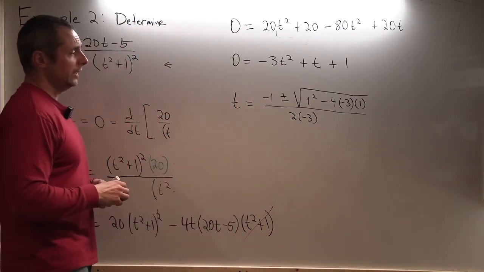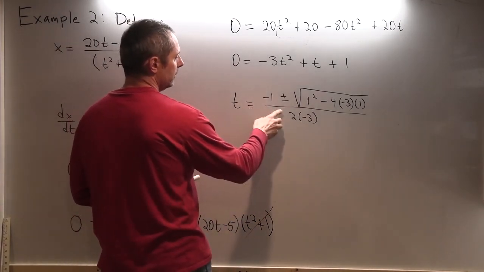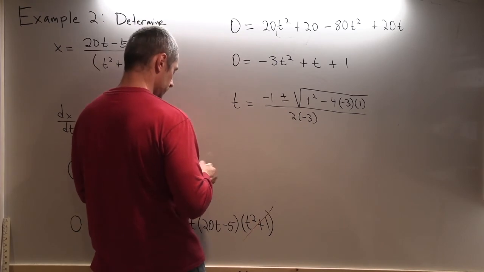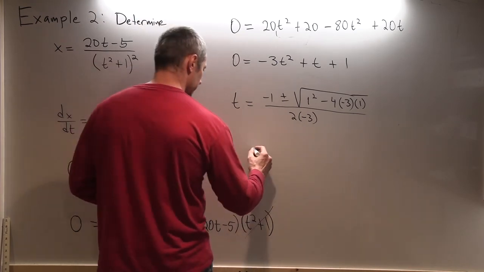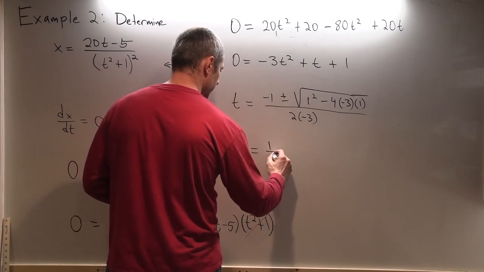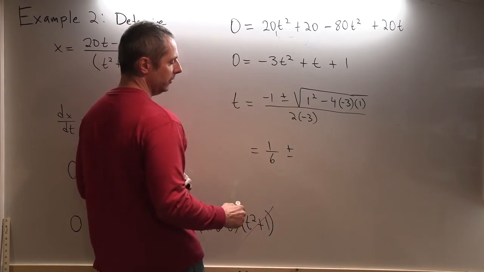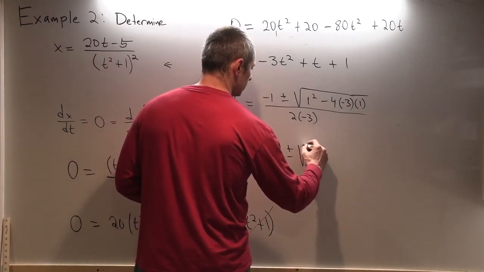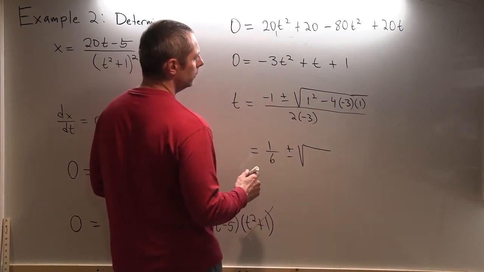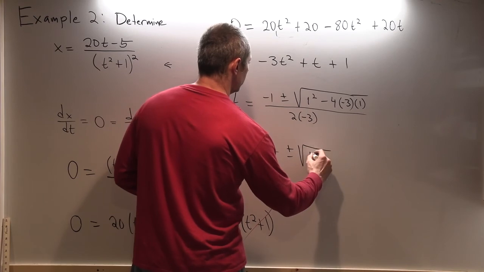And I could just punch that on a calculator, but let's see, how do I want to do this? I could say 1/6 plus or minus, plus because of the minus sign, doesn't matter. But radical 1 plus 12 is radical 13.